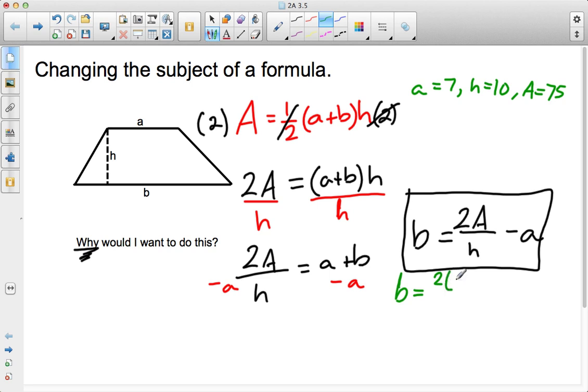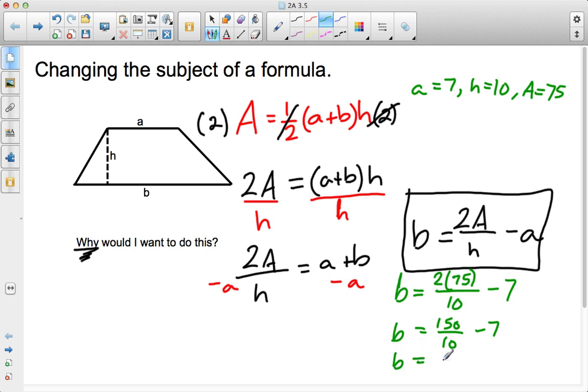So it's going to be 2 times 75 divided by the height, which is 10, minus 7. So then my answer is b equals 150 divided by 10 minus 7. Order of operations, 150 divided by 10 is 15.